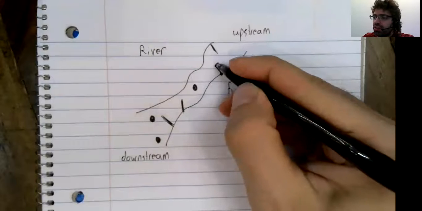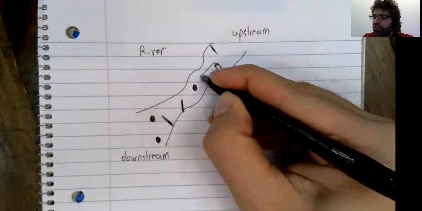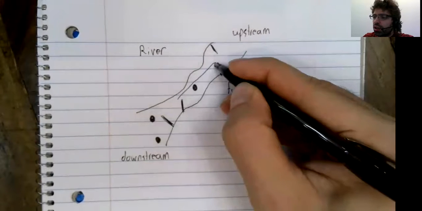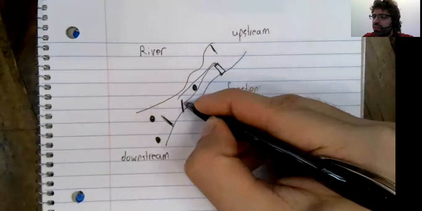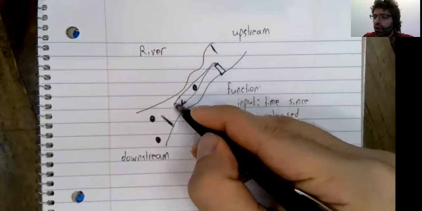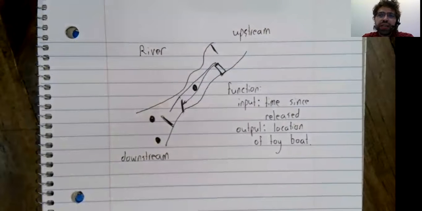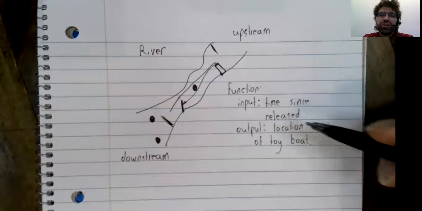Maybe if you release the boat just 1 foot upstream, it goes around this rock. Or maybe it goes in this direction and gets caught up in the log. This is just too complicated to try to create a mathematical formula that's going to do what you want it to do.